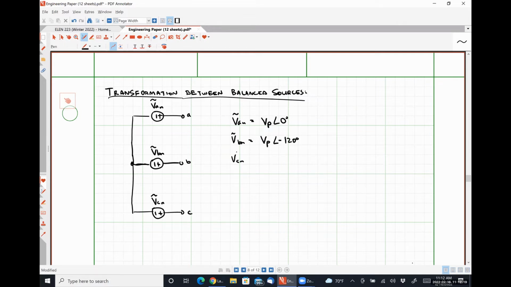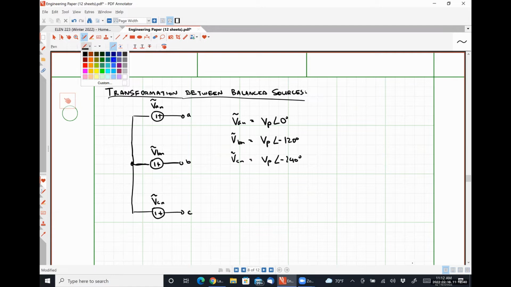And VCN is that same magnitude with an angle of negative 240 degrees. Okay. So how could we determine our line voltages for this source?